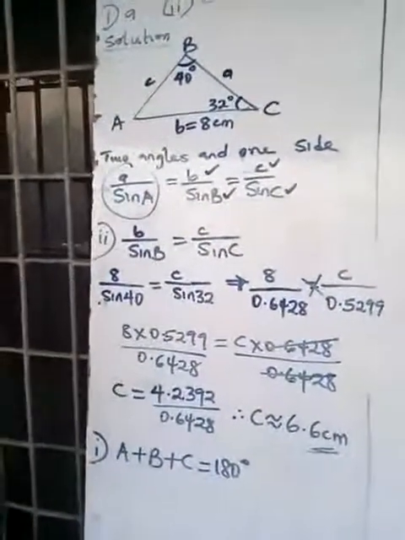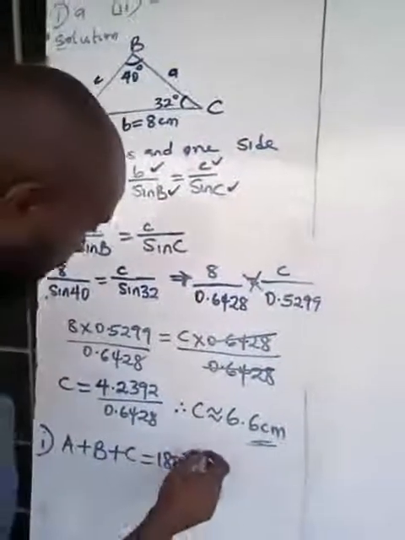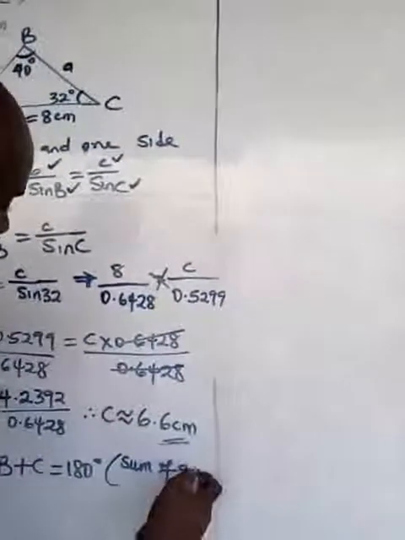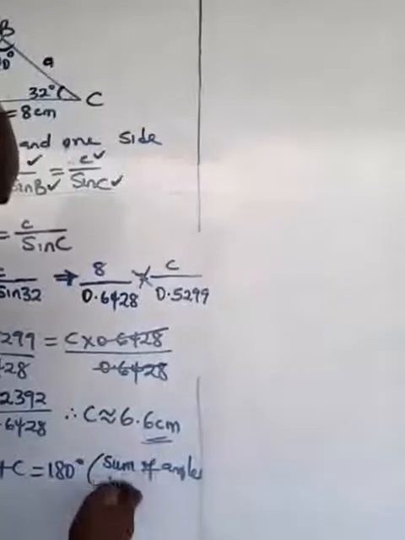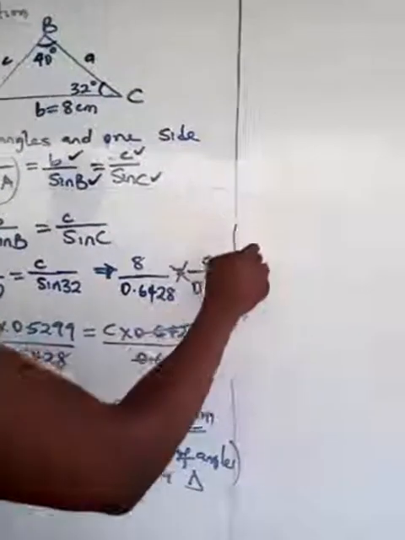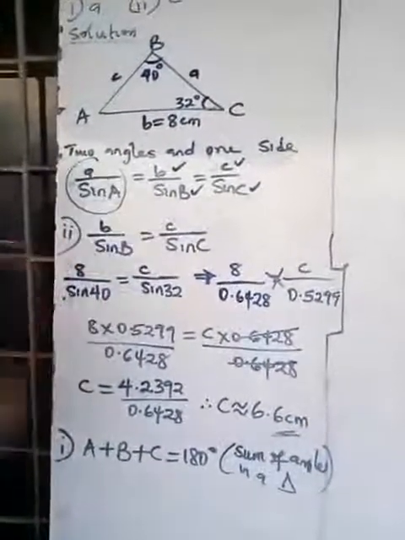The sum of angles in a triangle is 180 degrees. That theorem is very important. So we want to use that to find angle A.